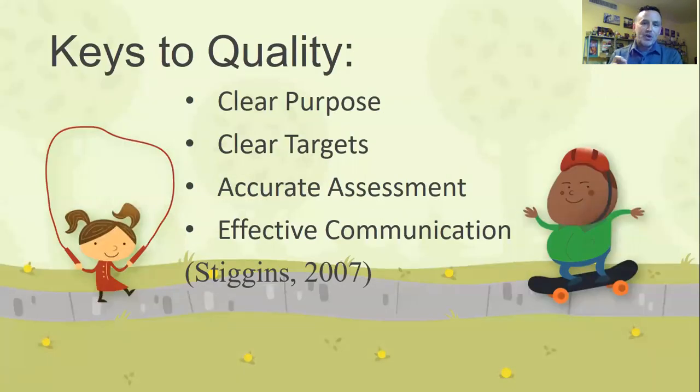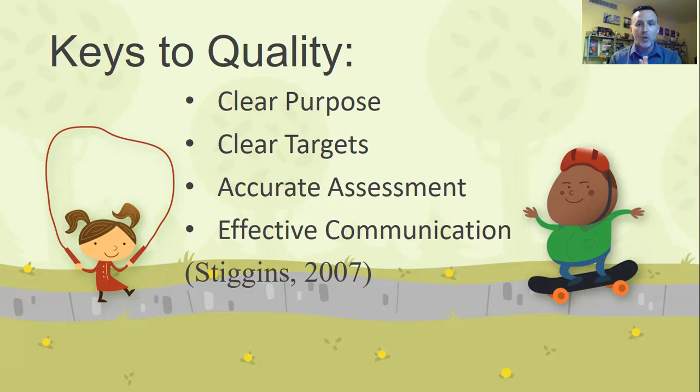So again, in regards to formative assessment, here are some keys to quality assessments. We need to have a clear purpose for the assessment, clear targets. We have to make sure that the assessments are accurate, and there needs to be effective communication. That is a big component of it. Clear purpose and effective communication kind of go hand in hand.